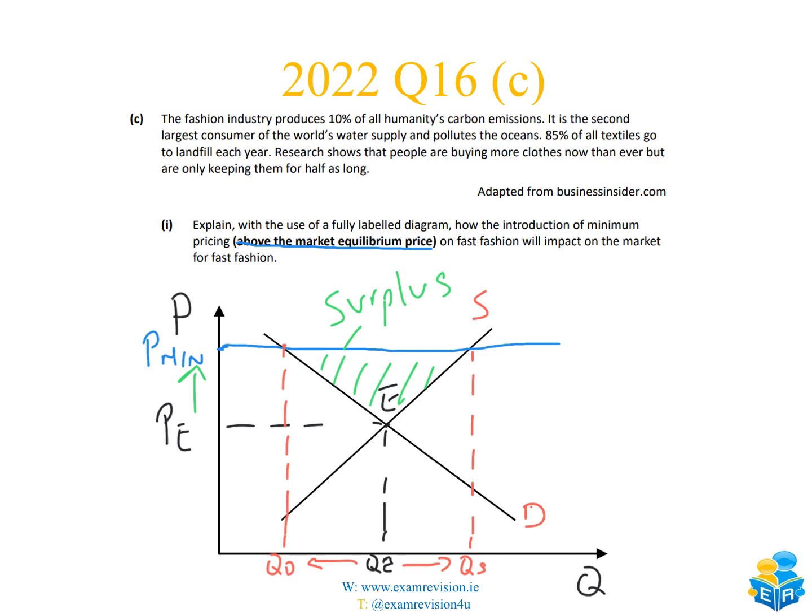Demand has obviously dropped from QE to QD, quantity demanded. And what's the effect on the market then? It'll result in that surplus that we talked about, so this area here. Alright, why? Because there's excess supply now compared to lack of demand. So that's that question completed as well.